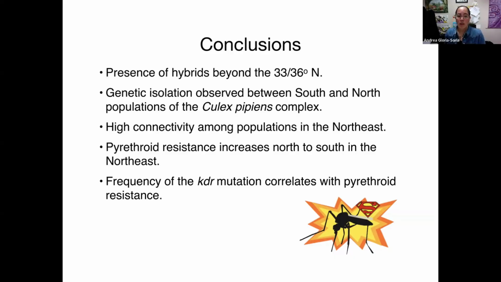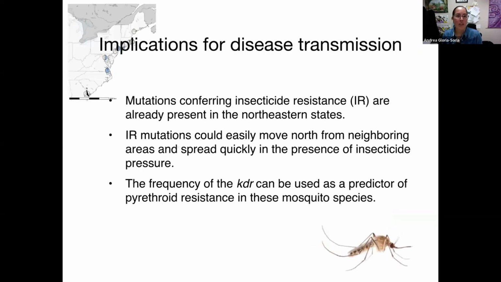We also showed that the pyrethroid resistance increases, sorry, this is the opposite way. The resistance increases as you go south, and the frequency of KDR mutation could be a good indication for this resistance.